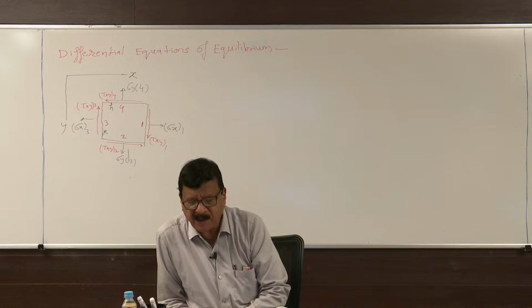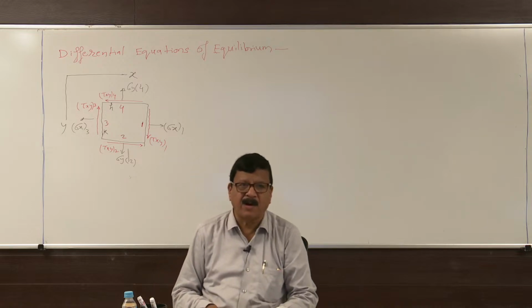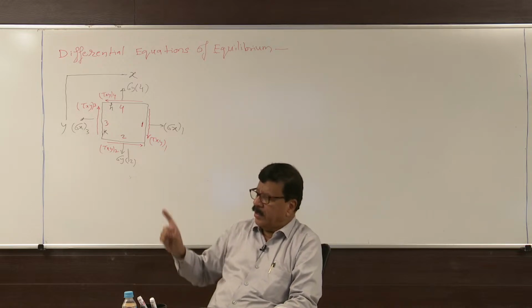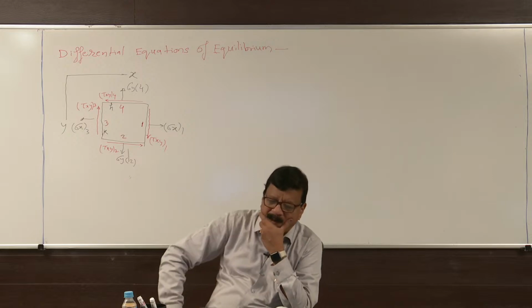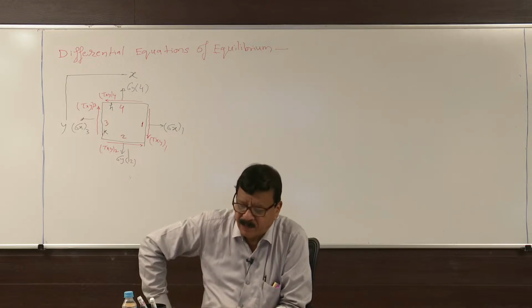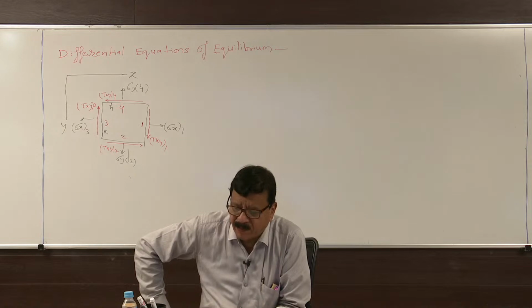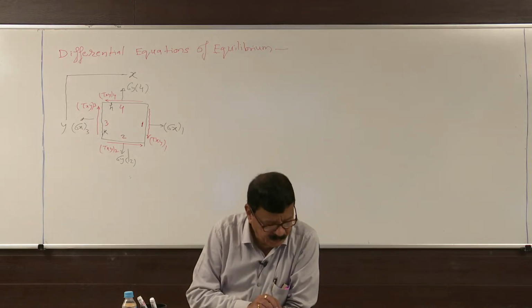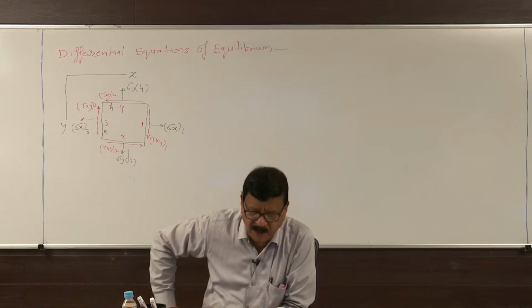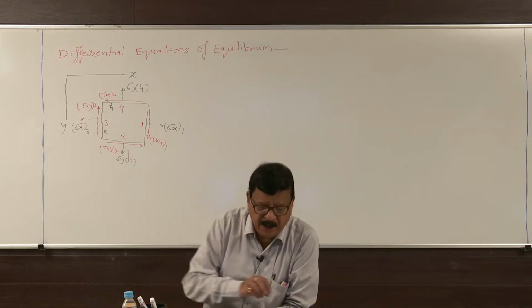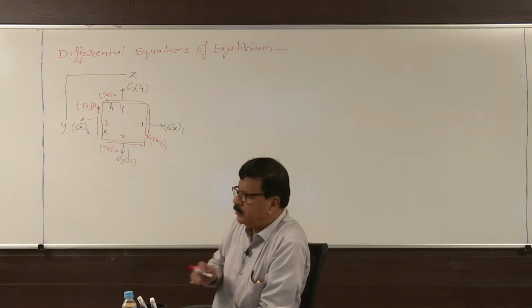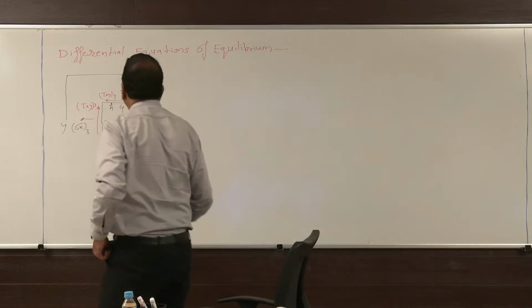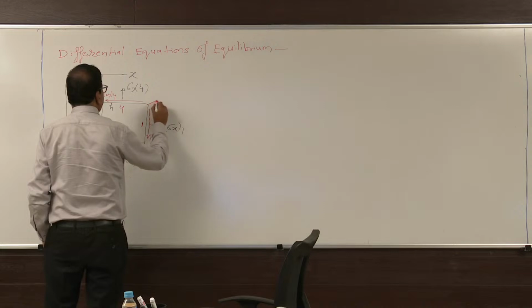Consider equilibrium of the small rectangular block of edges h and k, small h, small k, as it is clear from the figure, and unit depth, meaning the depth is 1.